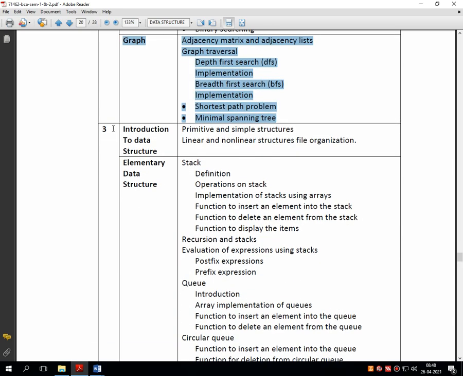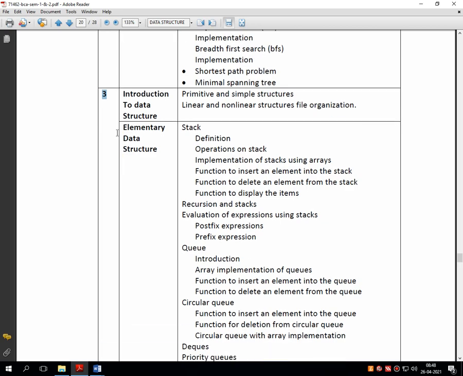So right now we are starting unit number 3, that is introduction to data structure and elementary data structure. Actually in this particular subject many topics are covered in a single unit, like the theoretical part of data structure, that is the different types of data structure. Then it consists of the most important topic, that is called stack.